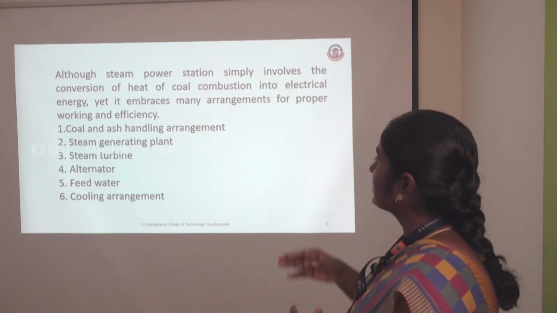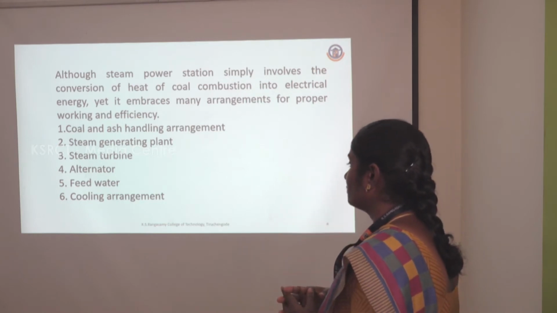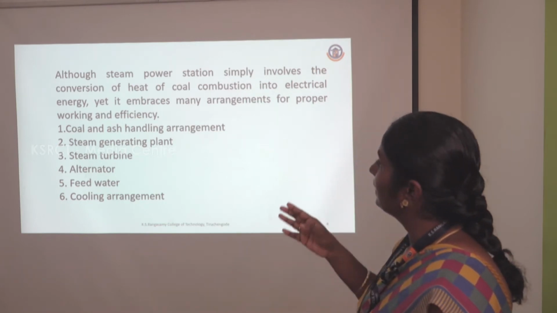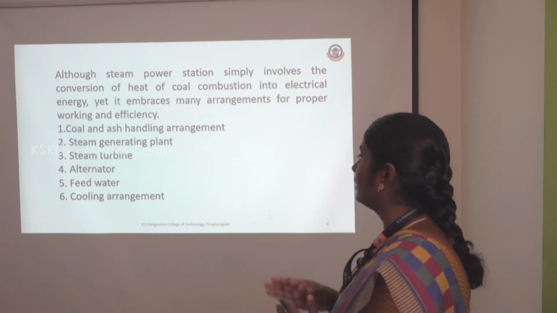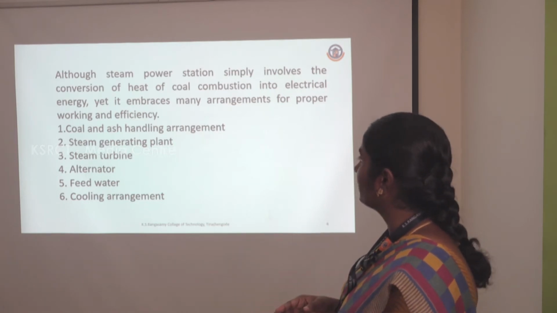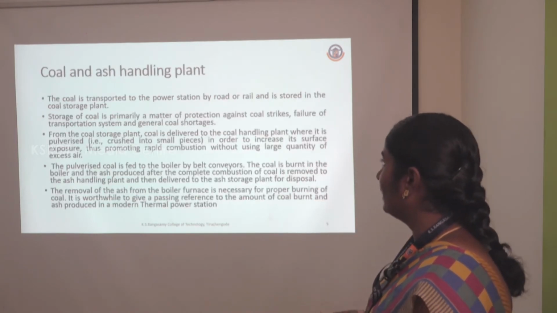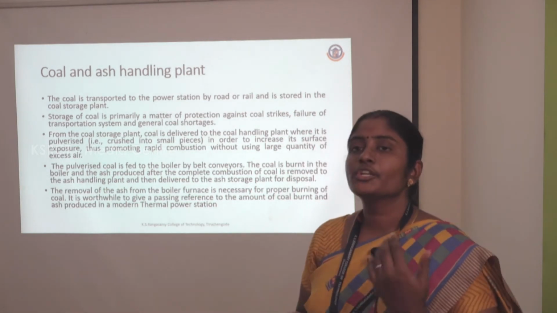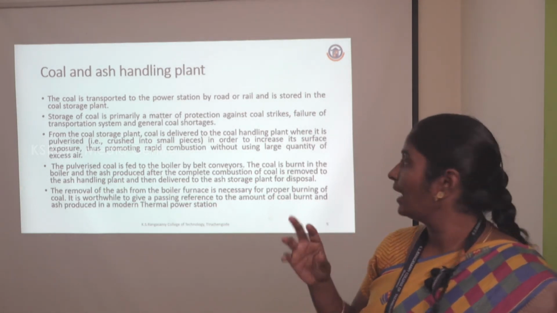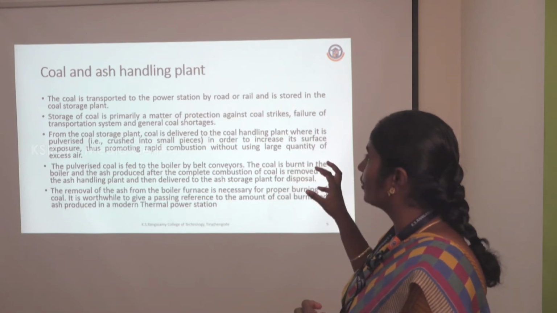So, the various sections are the coal and ash handling arrangement, steam generating plant and steam turbine section, alternator, feed water and cooling arrangement. In the coal and ash handling plant, the coal is transported to the power station where it reaches the coal storage plant.